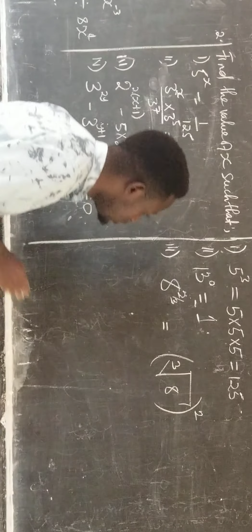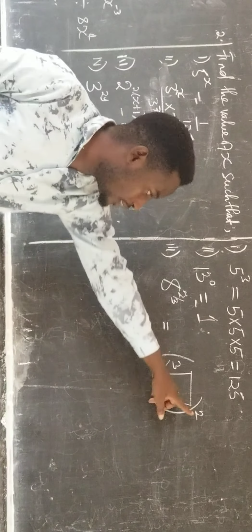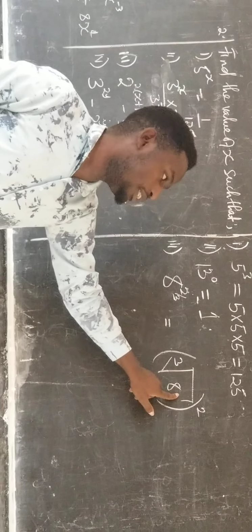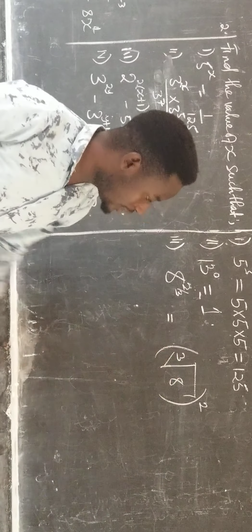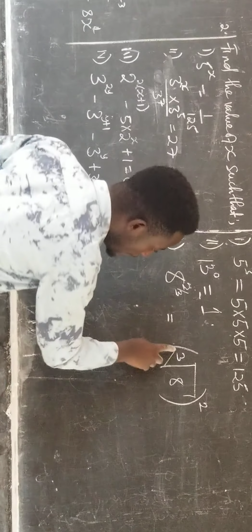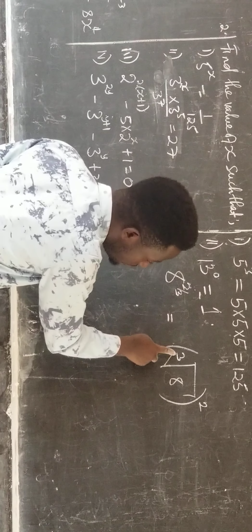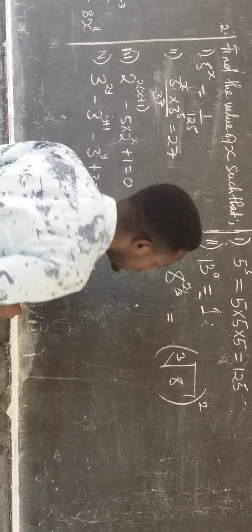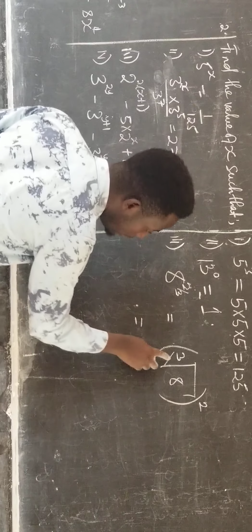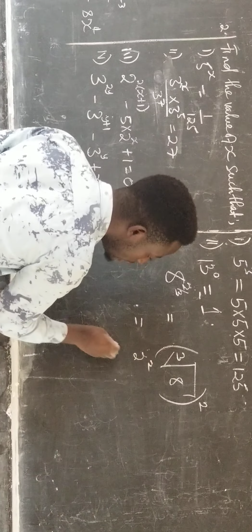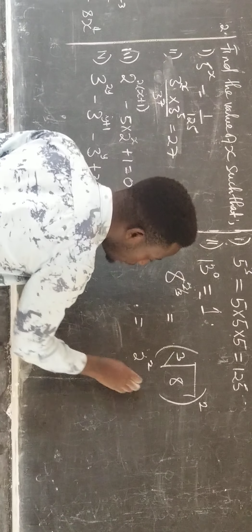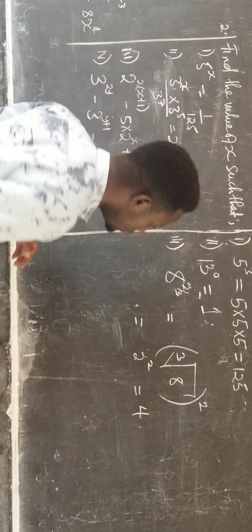But remember, this squared can even come inside, and it becomes the cube root of 8 squared. Here, the cube root of 8 is 2. So this is 2 squared, which is actually 4.